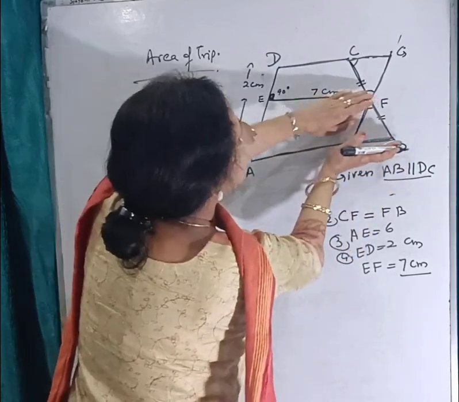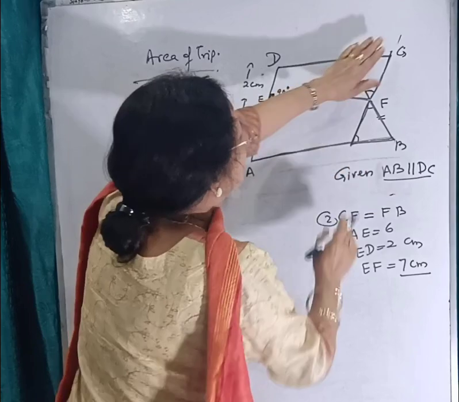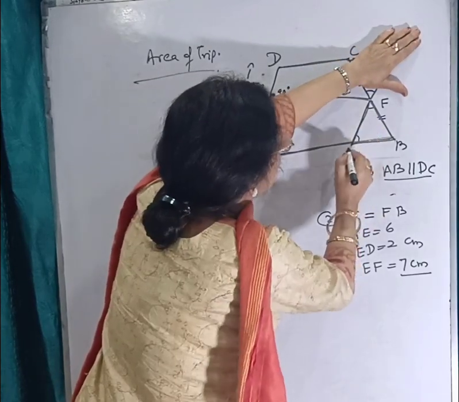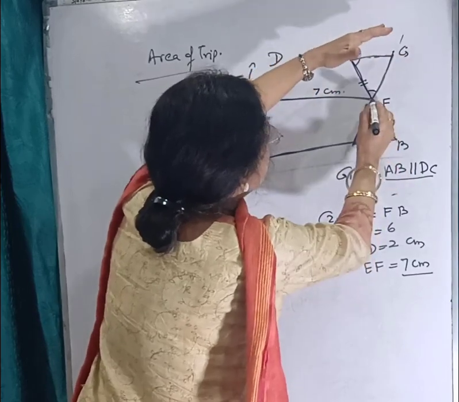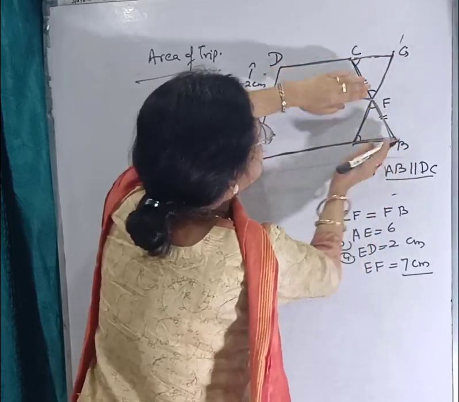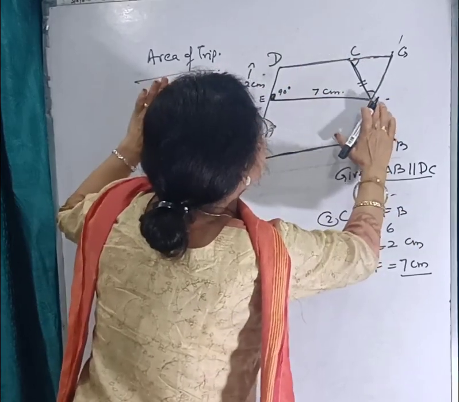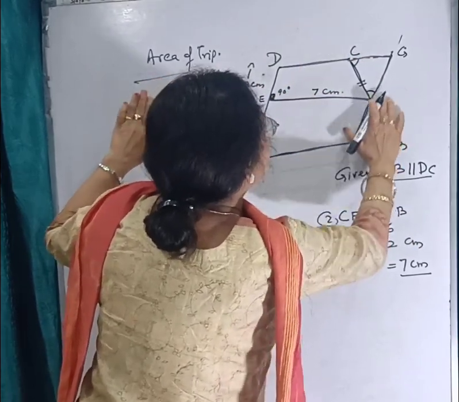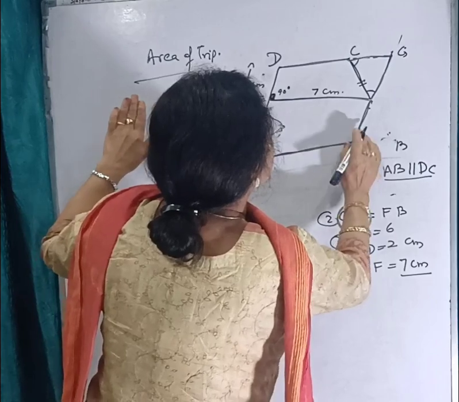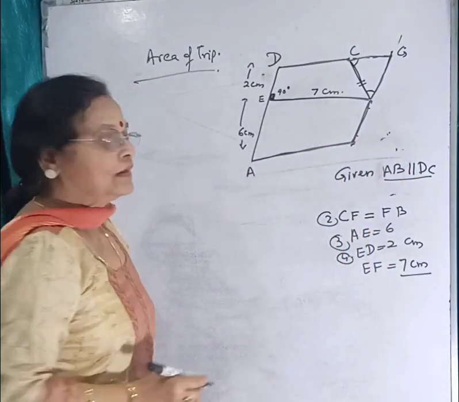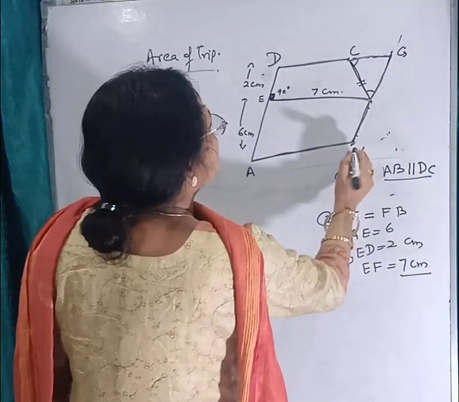If we suppose rotate it like this, this is our original figure. If we cut this triangle and shift it toward this, then it will become in the shape of a square. This is B dash.